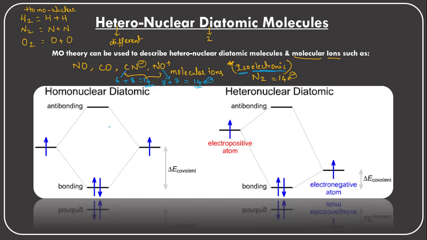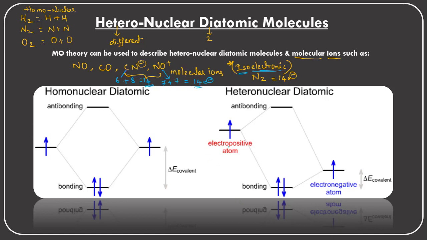But in the heteronuclear diatomic molecules, the atoms participating in bond formation in order to form a molecule have a lot of differences. The atomic orbitals have a large energy difference here. One atom has high energy and the other atom has low energy.